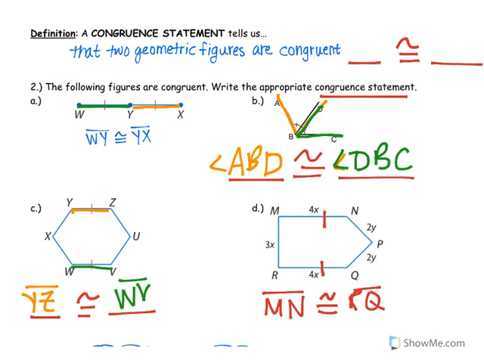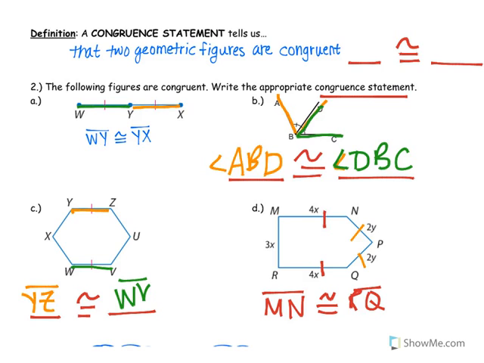But there's also another congruent statement, right? I see 2y and 2y as a measure on two different sides of the pentagon. And so now I'm thinking, can I put one tick mark there and there to show that those are equal? And the answer is no, right? If I put one tick mark, you're saying that 4x and 2y are the same thing. But that's not the case in this problem.